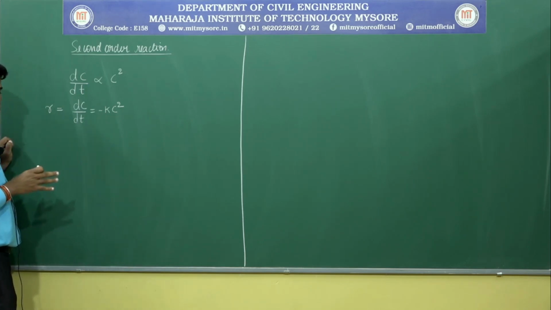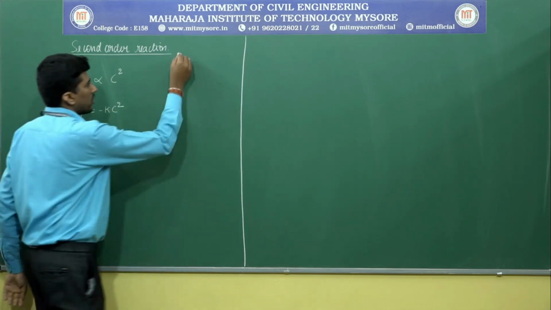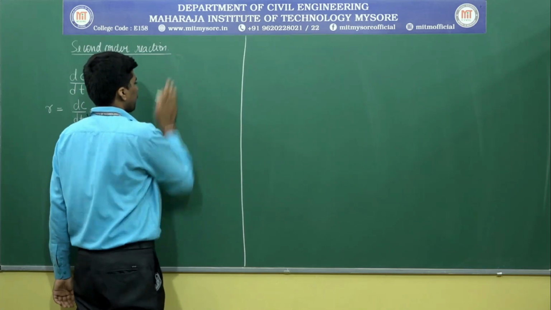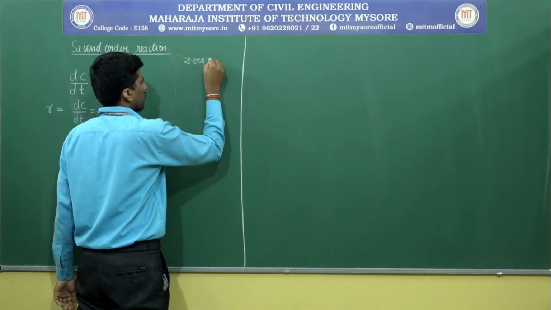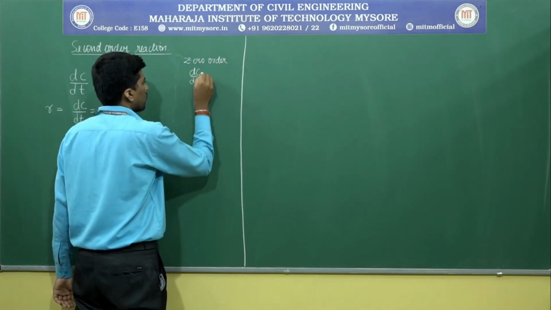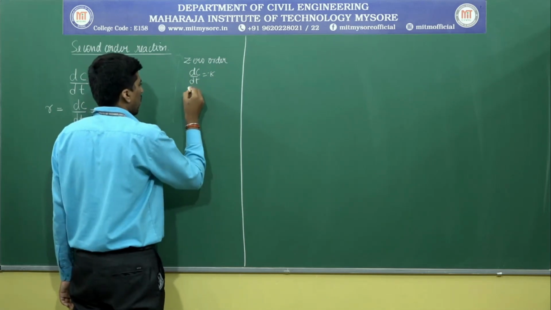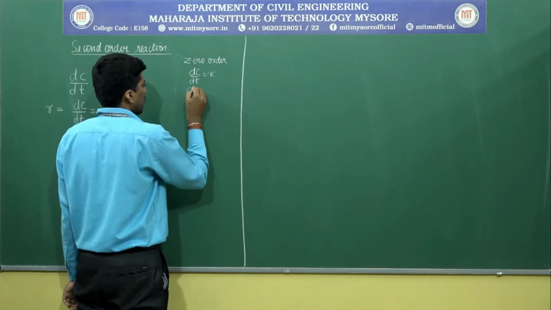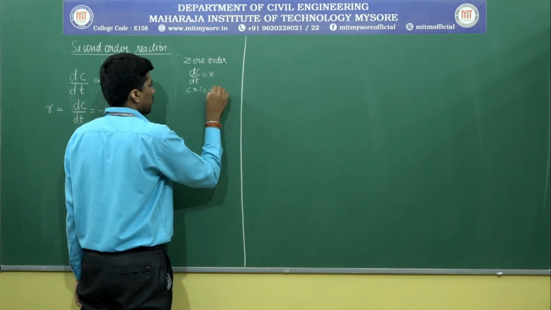I will not take much time because earlier you have derived these equations. Let us recall it. For the zero order, dc by dt is equal to minus k, a constant. Therefore, c is equal to c naught minus kt.